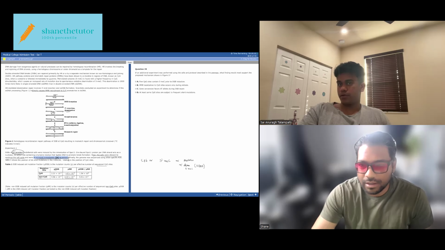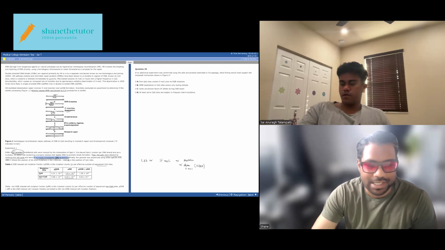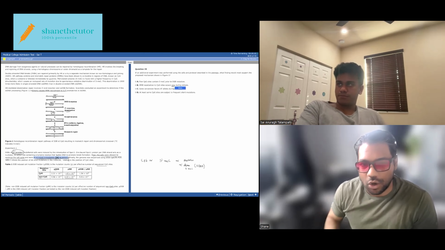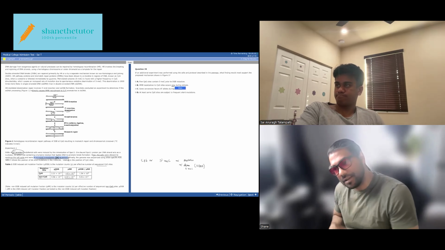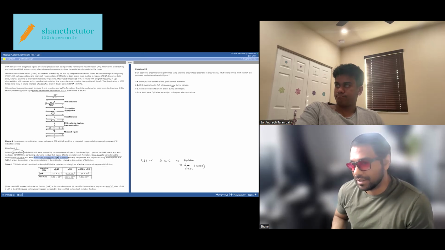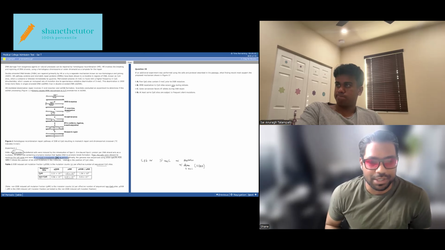If it's both mitosis and G1, and this says only mitosis, that wouldn't be it. And that's even if they said that mitosis was happening.